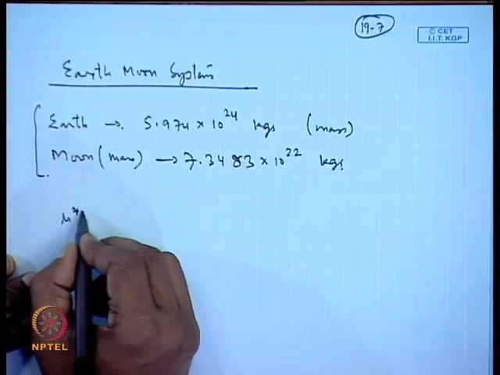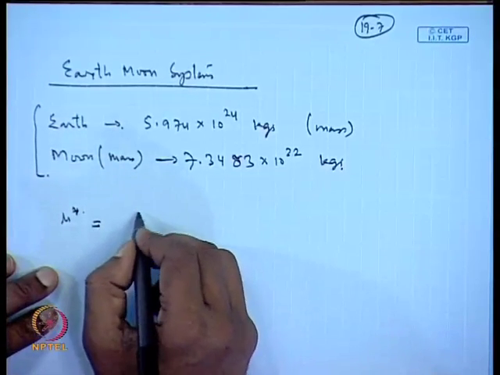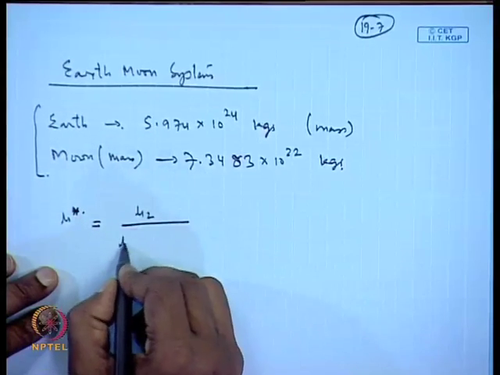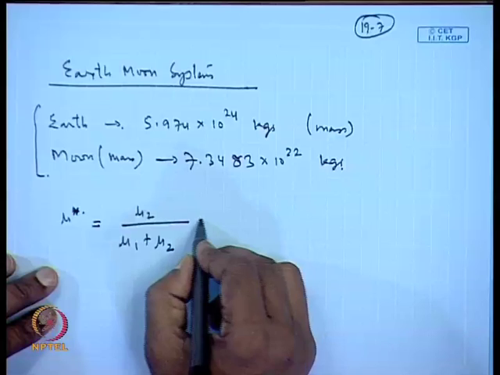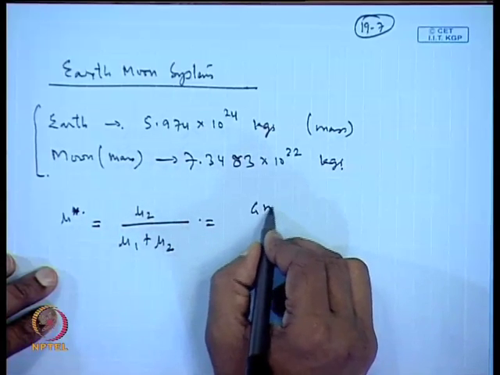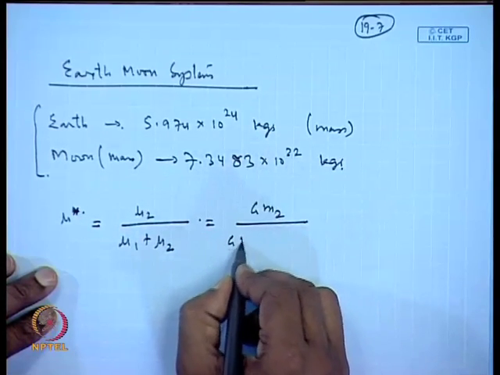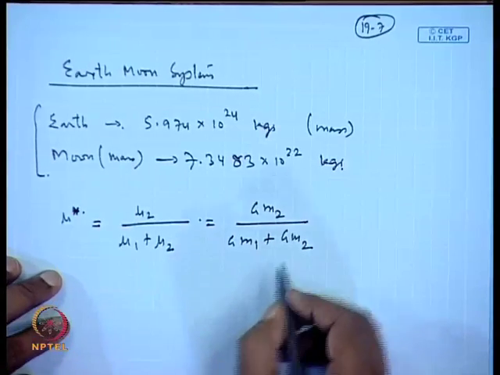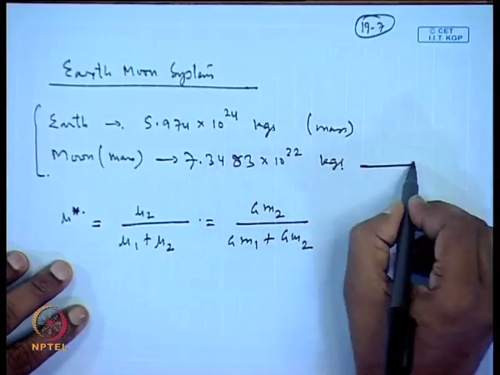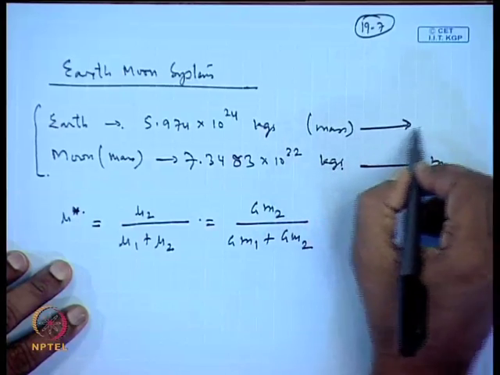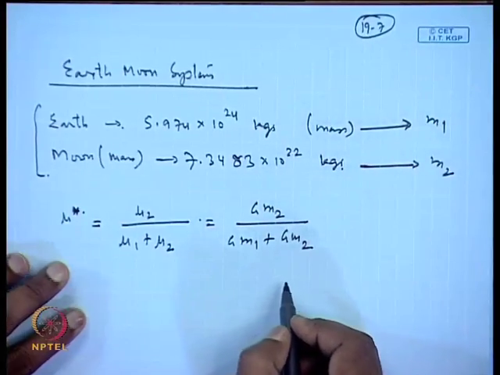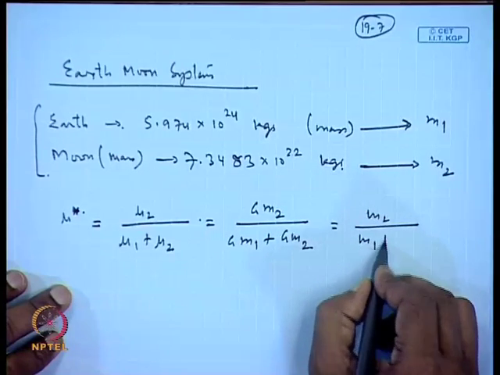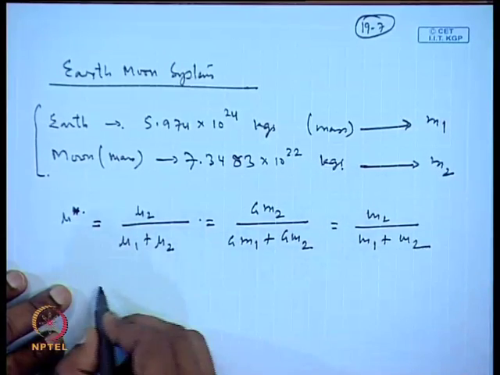So, mu star is nothing but mu 2 by mu 1 plus mu 2, where mu 2 is equal to G times m 2 divided by G times m 1 plus G times m 2. Okay. So, m 2 here stands for moon and m 1 stands for earth. So, G cancels out and this simply becomes m 2 by m 1 plus m 2.